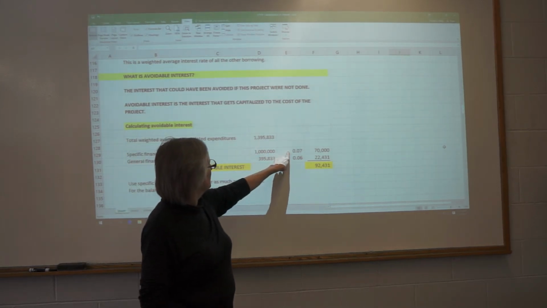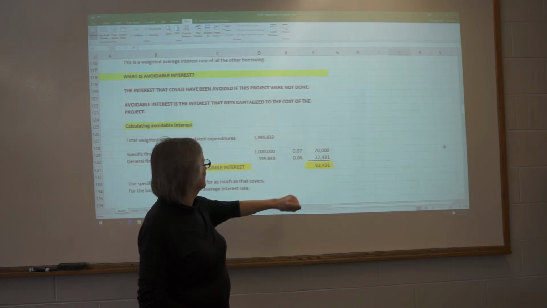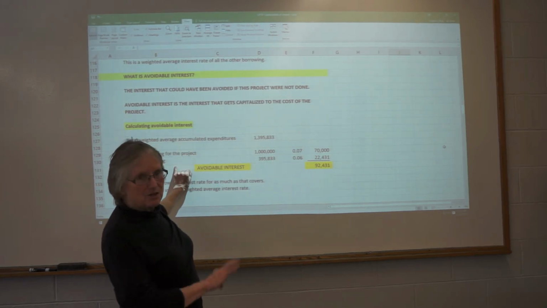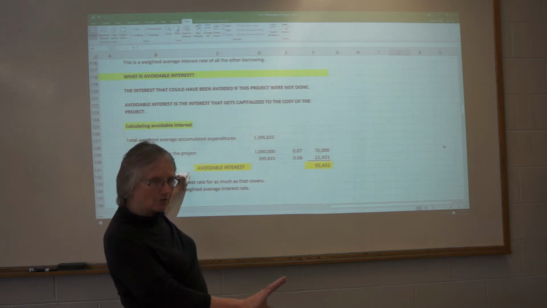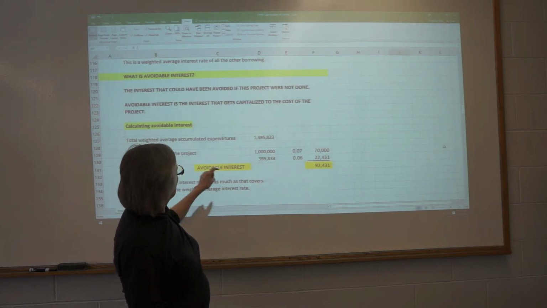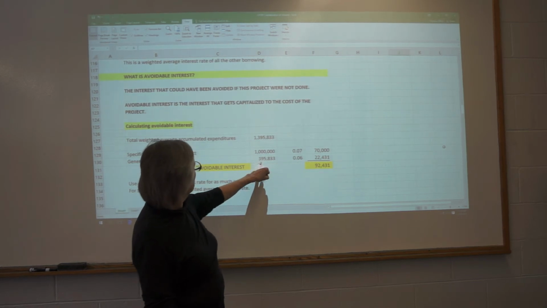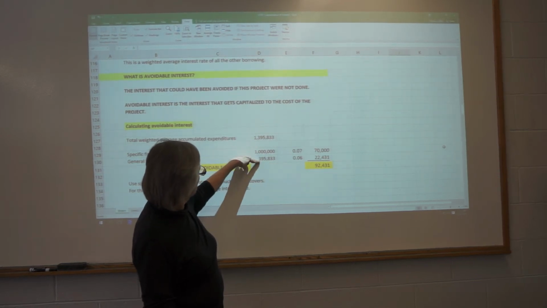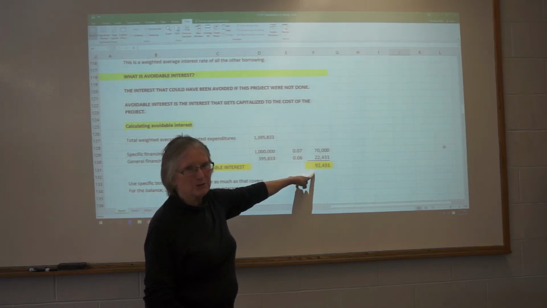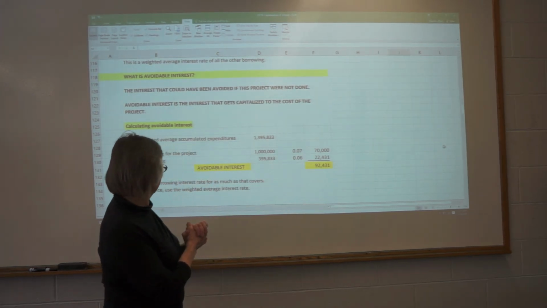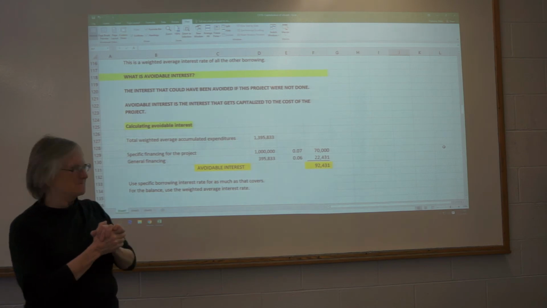The rate on that was 7%, so that's $70,000. The general financing, where we computed the weighted average interest rate on all our other financing, and it doesn't include this, was 6%, and so the remaining $395 is financed at that rate, and so this is our avoidable interest, which gets capitalized.